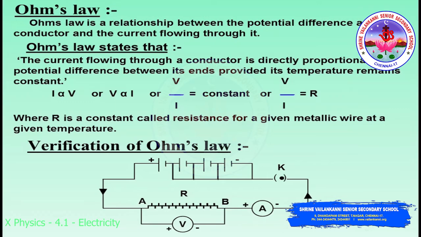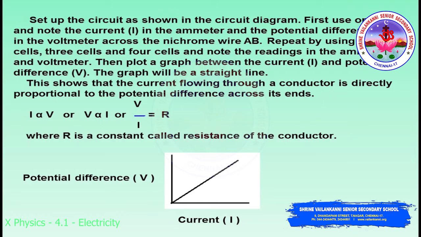With the help of this circuit, we can verify Ohm's law, how the potential difference and the current are directly proportional. Set up the circuit as shown in the circuit diagram. First, use one cell and note the current with the help of the ammeter and the potential difference with the help of the voltmeter across the resistance wire.